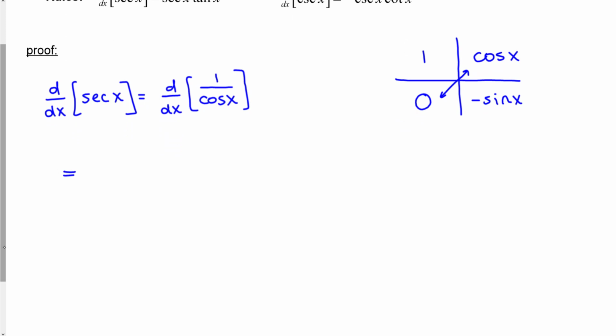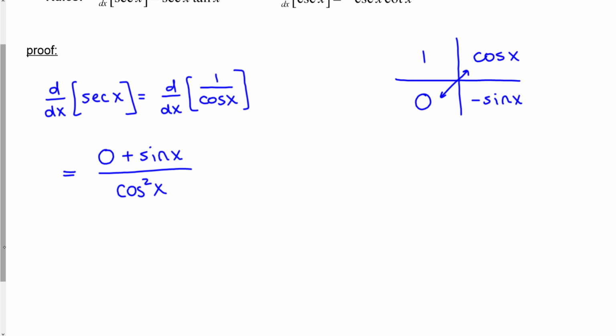So this would be 0 times the cosine of x, which is just 0, minus negative sine x times 1, which becomes plus sine x, all over the original denominator squared, which would be cosine squared x. So effectively just sine x divided by cosine squared x.